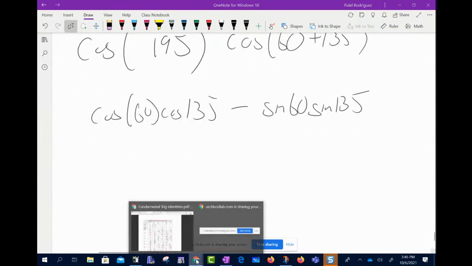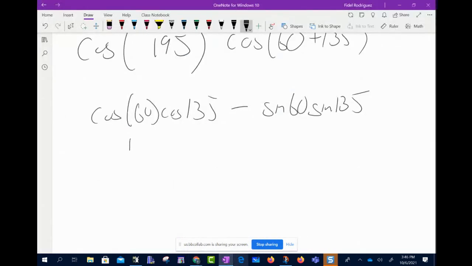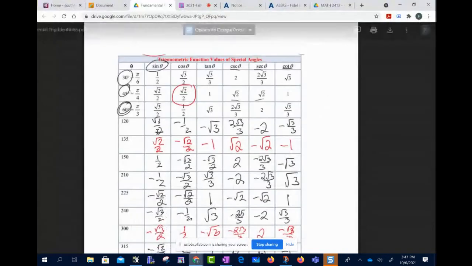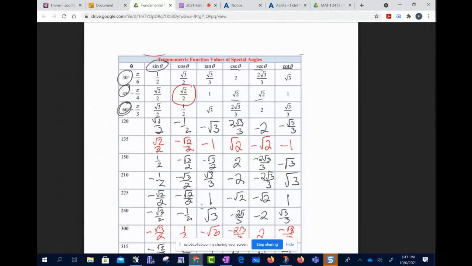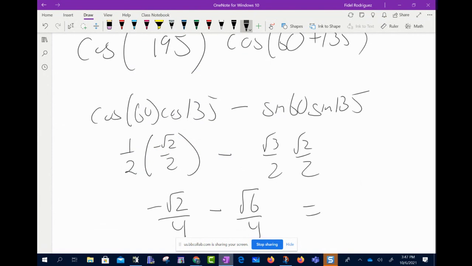Then if I use my table, cosine of 60 is 1/2. Cosine of 135 is negative square root of 2 over 2. So 1/2 times negative square root of 2 over 2, minus sine of 60, which is square root of 3 over 2, times sine of 135, which is square root of 2 over 2. That gives negative square root of 2 over 4 minus the square root of 6 over 4.